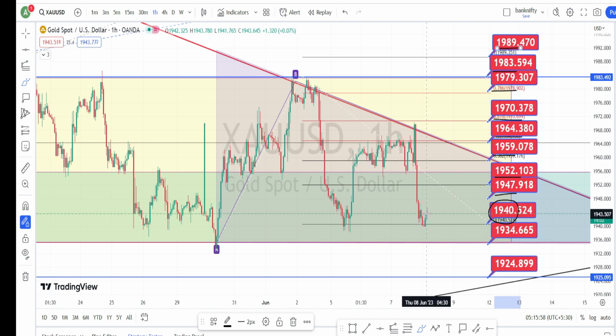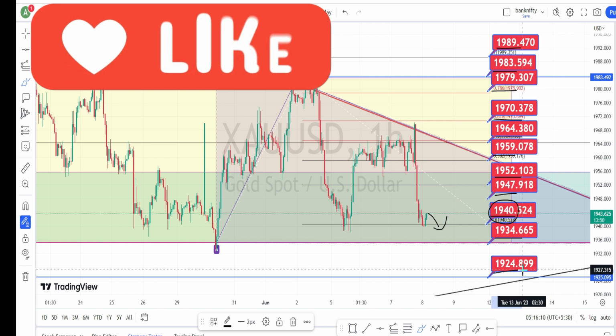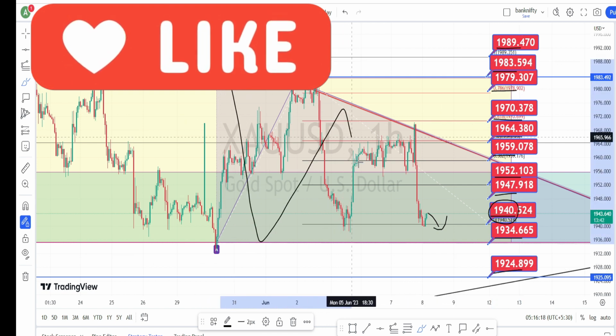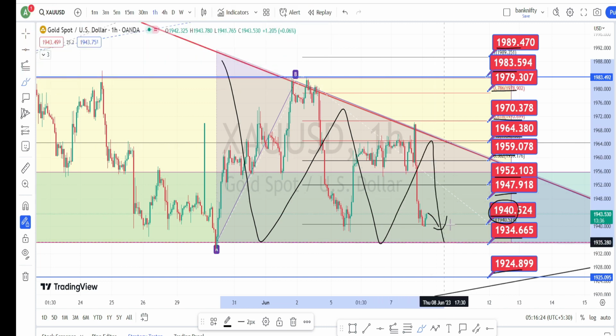And on the bearish side, if the price action breaks the current support level of 1940 and continues its bearish side retracement, next level of support is going to be around 1934 and 1924. Since the price action is consolidating within this triangle pattern, the resistance and support levels are very narrow.